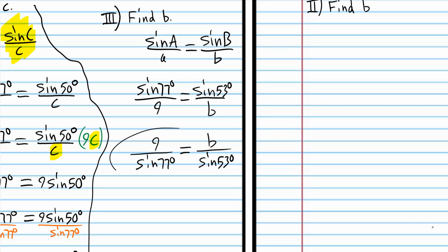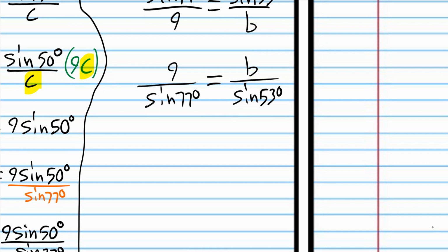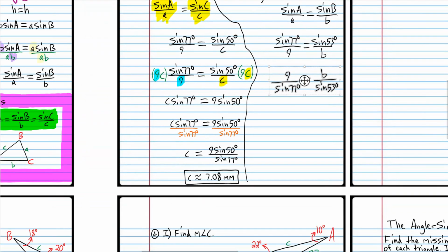Now, why is it that you can flip both sides? Well, in order to show why this works, or to prove that it works, that it's mathematically sound, you would have to generate complex fractions, and it would take a while, so you don't really have to know why it works. But at this point, we can simply multiply both sides of that equation by sine 53 to solve the equation.